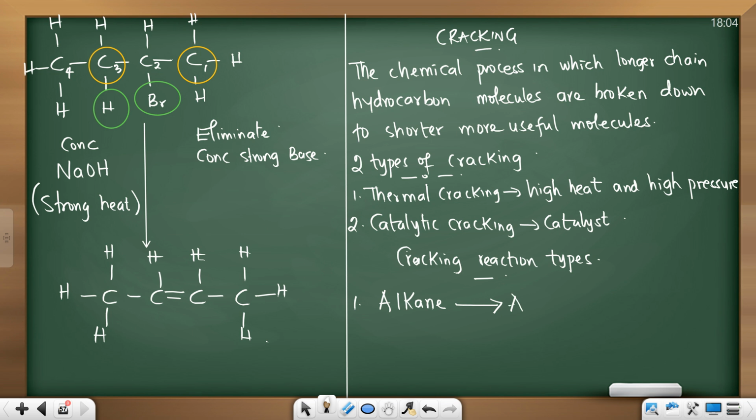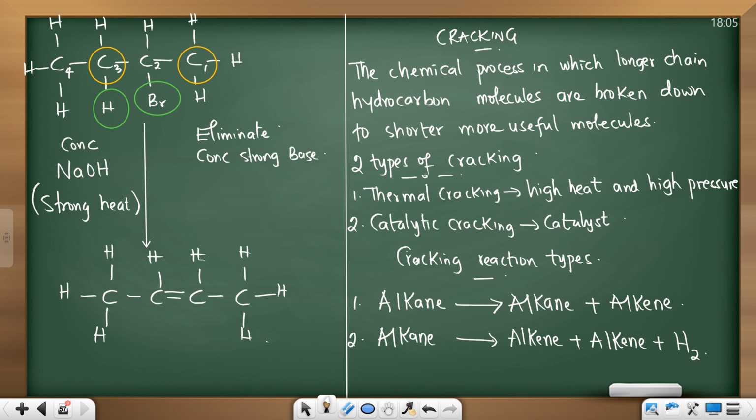It can break down into an alkane plus an alkene, and secondly, it can break down into alkene plus alkene plus hydrogen. Alkene plus alkene plus hydrogen.